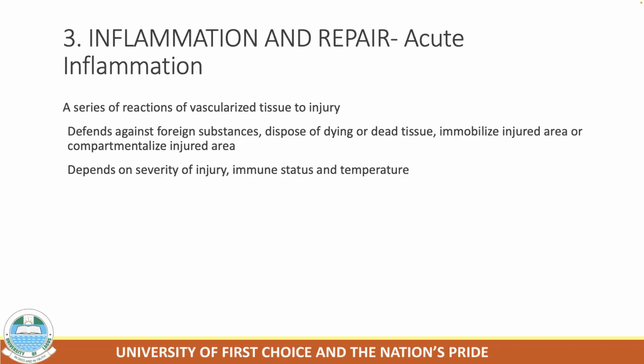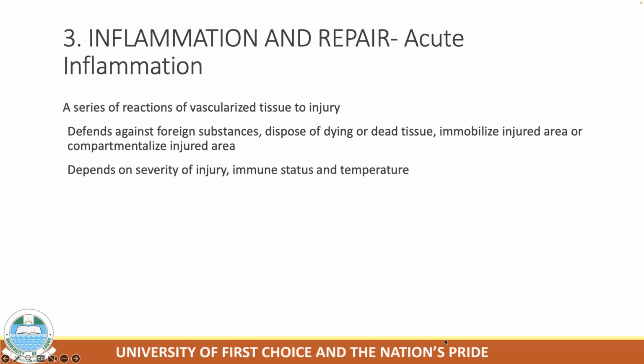Now, inflammation can be acute, meaning it can be sudden and resolve as soon as the inflammatory process is resolved, or it can be chronic, meaning that it recurs, with several cycles of exacerbation and resolution, right? So it can be acute.